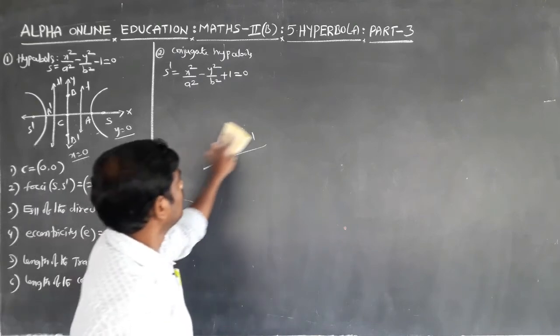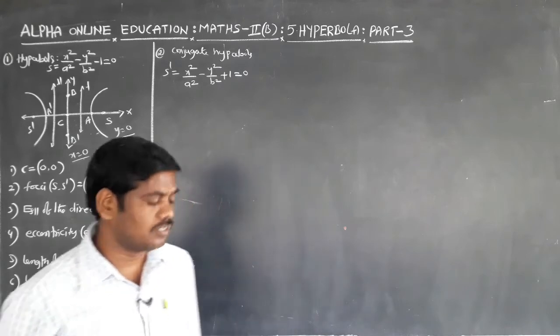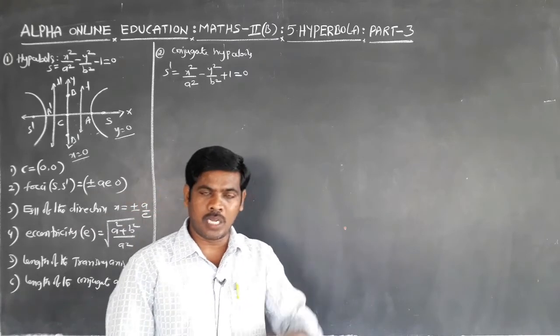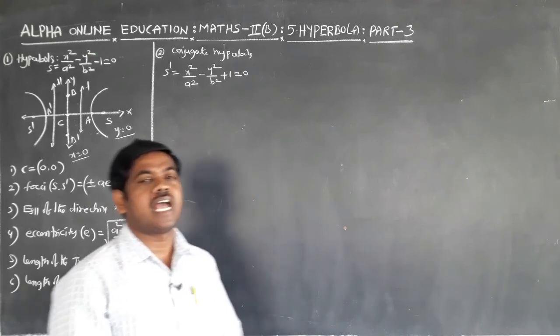Conjugate hyperbola means the transverse axis and conjugate axis of a hyperbola interchange into conjugate and transverse axis.